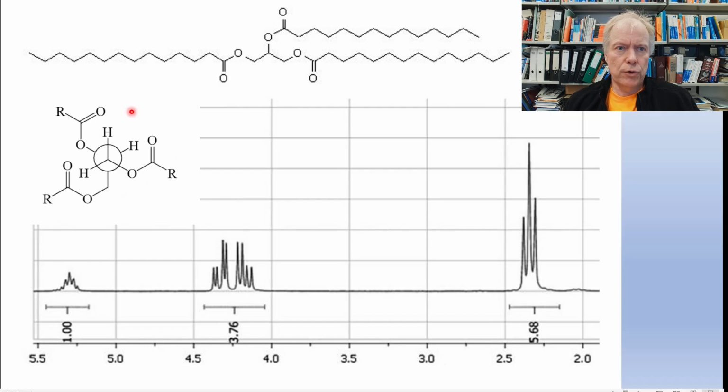Well, and what can we learn from that Newman projection? Well, we have these two hydrogens, and whatever conformation we adopt, they will always have a different chemical environment. If this hydrogen would move to this position, then that hydrogen will get to the position where the other one has been before, but nevertheless the whole setup has changed because that ester functionality would then have moved to this position.